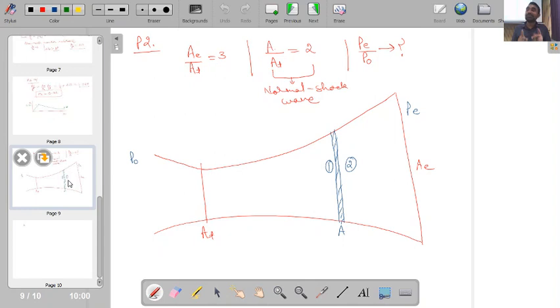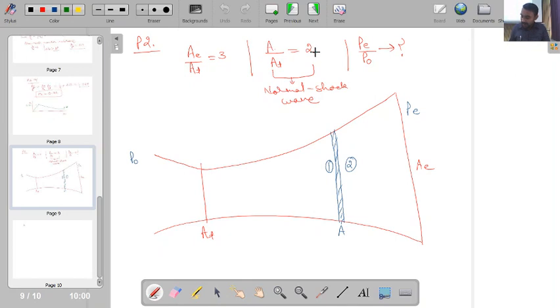when we use A by A star relation, A by A star relation is applicable for isentropic flow situation. Okay. When I have the presence of a normal shock wave, we know that on the upstream and downstream of the normal shock wave, flow properties are significantly different. It means that the region of the shock wave is actually non-isentropic.